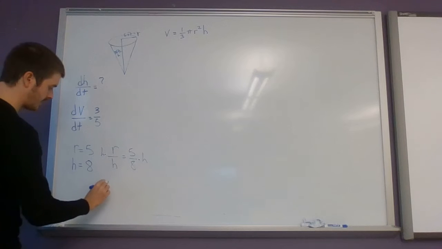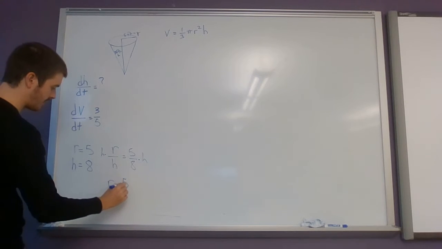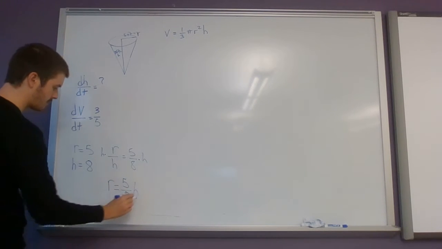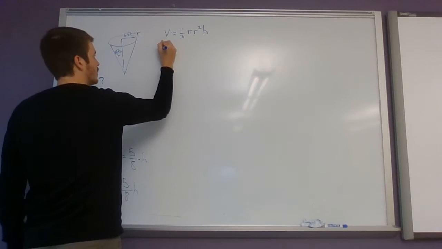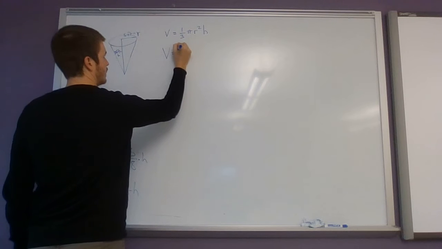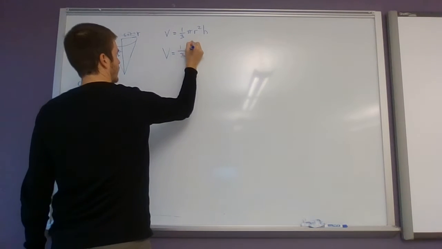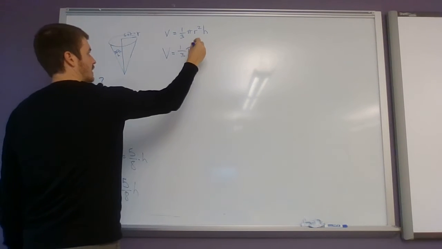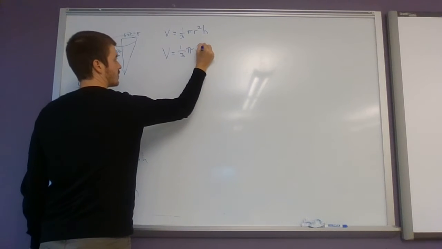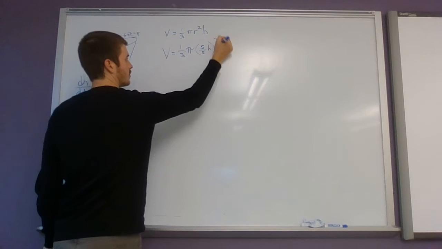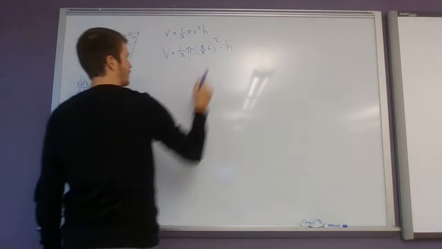Multiply both sides by 8, and I get my radius is equal to 5/8 my height. So I'm going to fill that in. Instead of radius squared, it's going to be 5/8 height squared times h.